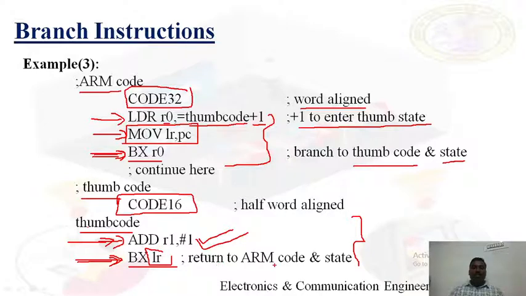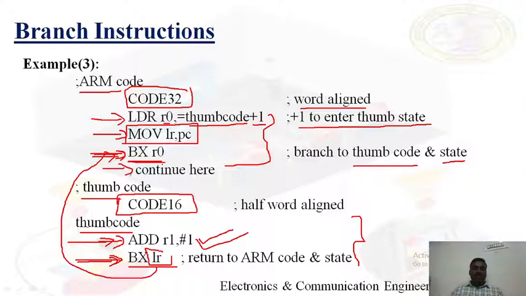So it returns to ARM code from Thumb state, and the ARM state will be continued here. So this is how you can change the state from ARM state to Thumb state.